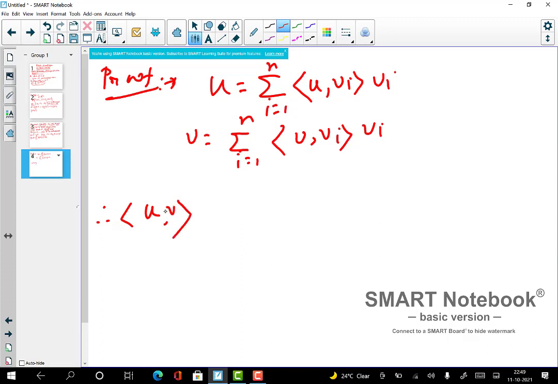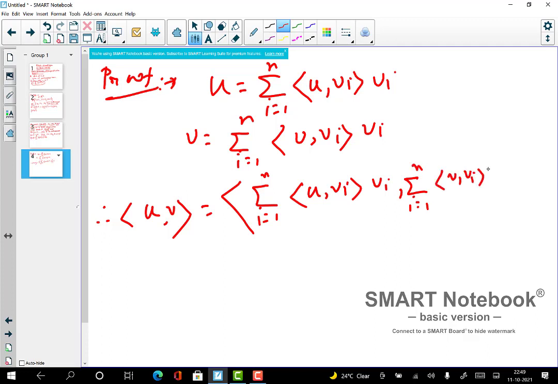Now you see that this will be the bigger sum, i equal to 1 to n of the inner product of U with vi, times vi, with the sum over i equal to 1 to n of the inner product of V with vi, times vi.